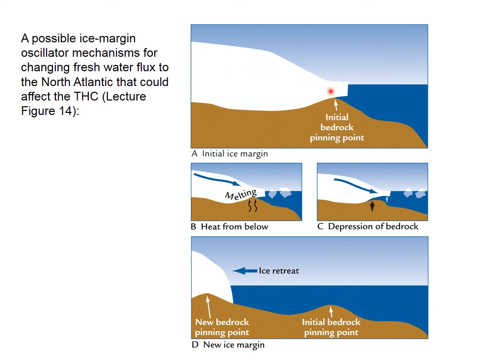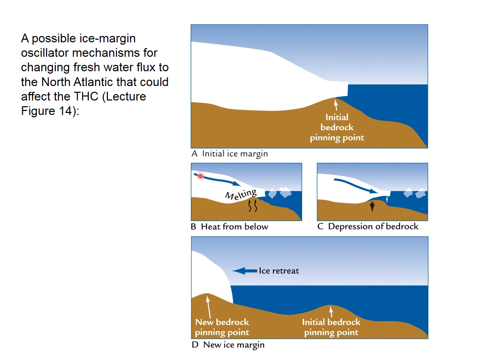You can imagine if you had a bedrock that looked a little bit like this, with a number of lumps, the ice sheet could be very stable here. You could get a little bit of melting and then nothing really happens. You might get a bit of heat flow from the ocean or some melting from above, which would also thin the ice sheet.